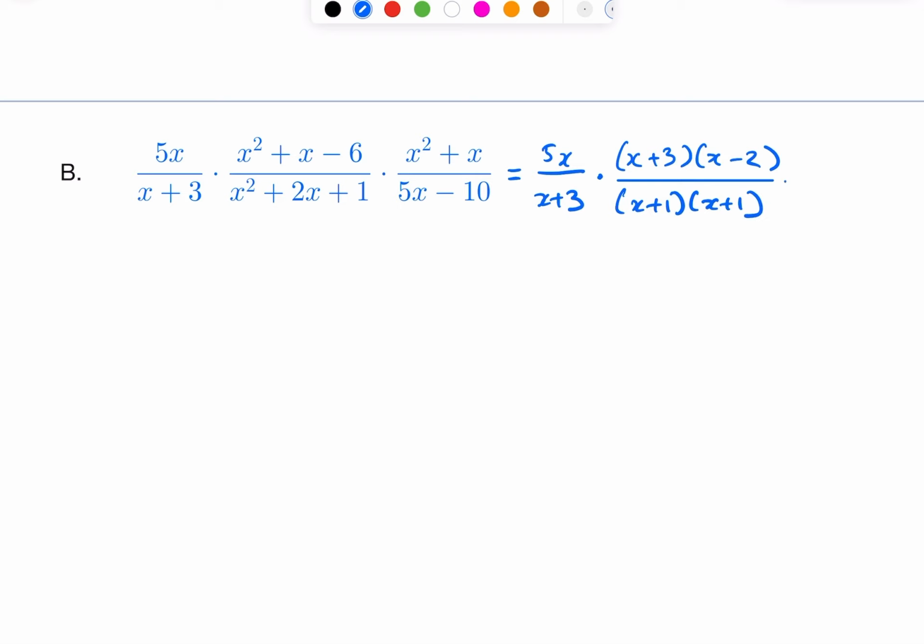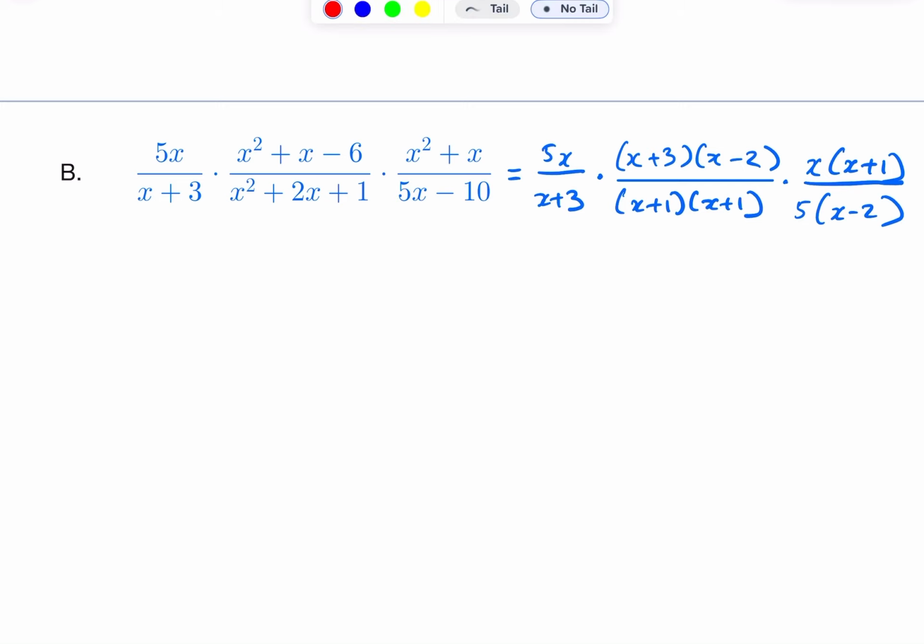And then the last fraction, that factors out to x times x plus 1, all over 5 times x minus 2. All right, so now we can start canceling things out.